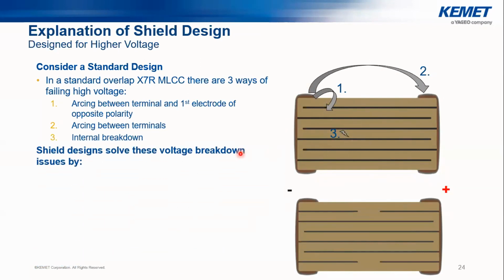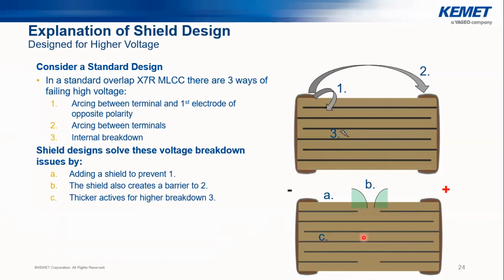In the arc shield design, we add a shield to prevent arcing between the termination and the first electrode, because we increase the distance, and the shield also creates a barrier in between, avoiding arcing between the two terminals.